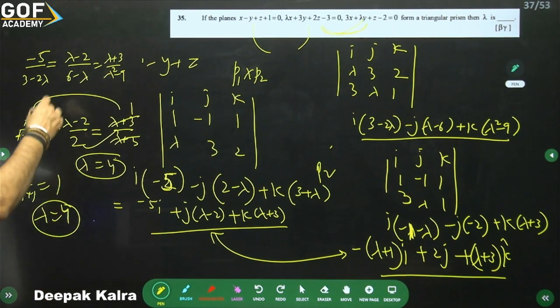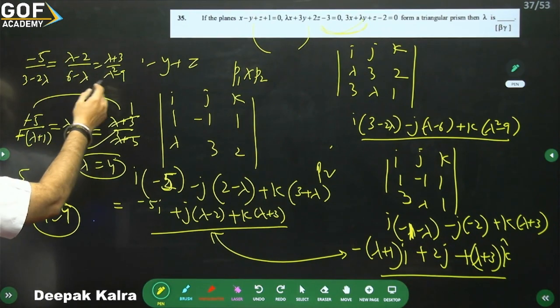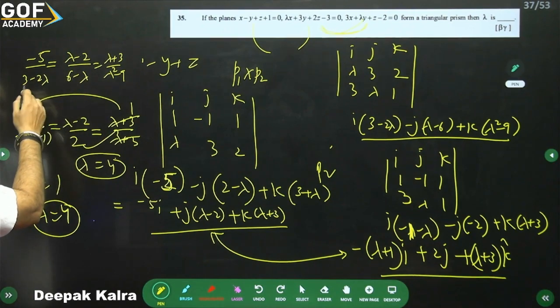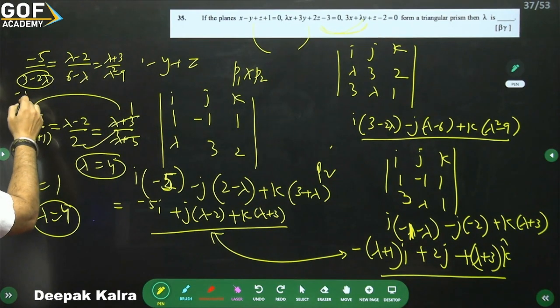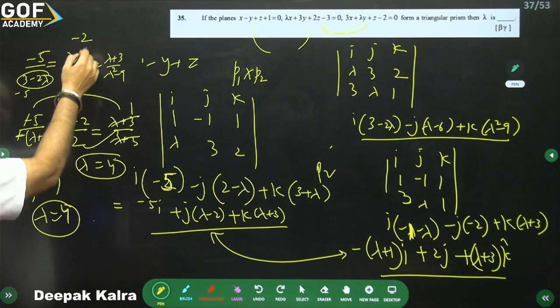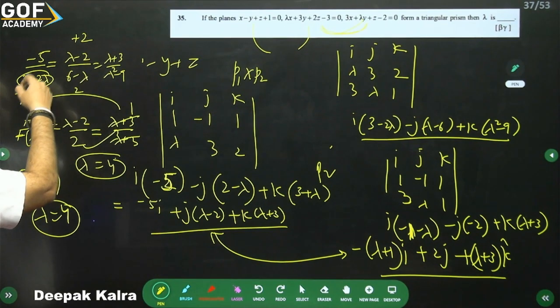So what is being told here is that if they are forming a prism, lambda equal to 4 supports. Can you see that? This becomes minus 5 over... 4 minus 2 is 2 over 2, yeah, this is also 1.